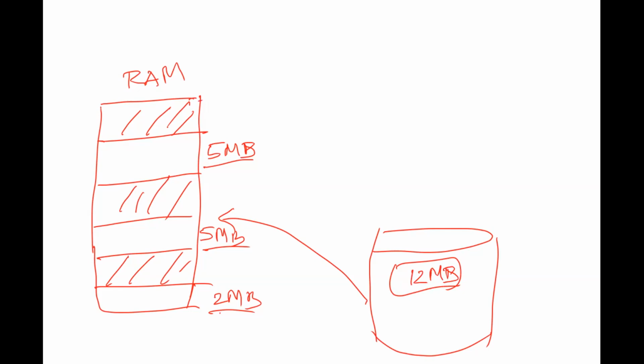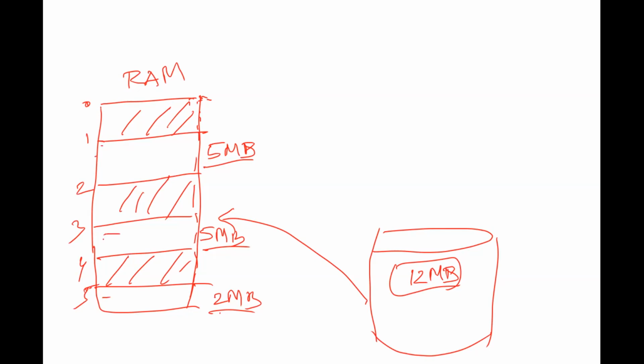The OS searches your memory from the starting. If it is first fit, it searches from the start, and it never finds a suitable hole to fit this 12 MB in contiguous locations. Still, 12 MB is available, but in different locations, not contiguous. Let's say these are memory addresses 0, 1, 2, 3, 4, 5, but the holes are not contiguous: one hole is at address 1, another at 3, another at 5.